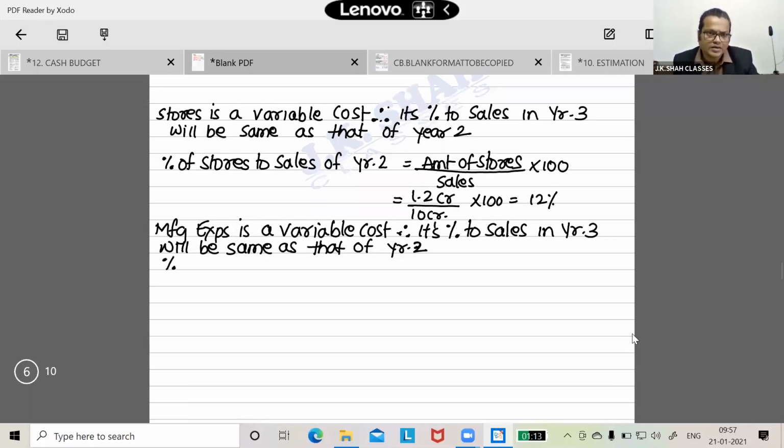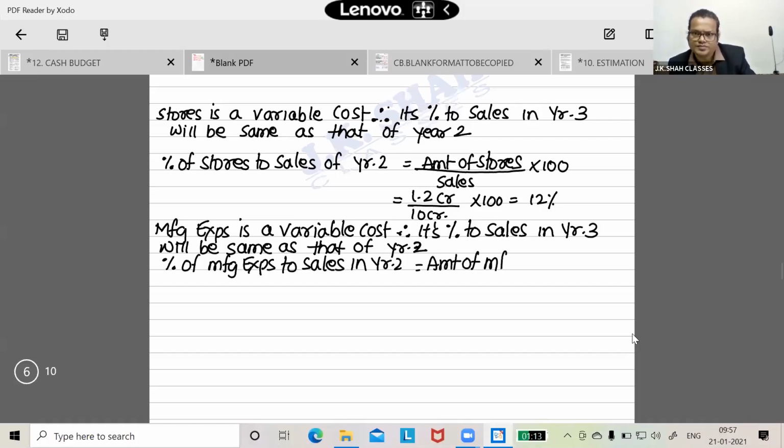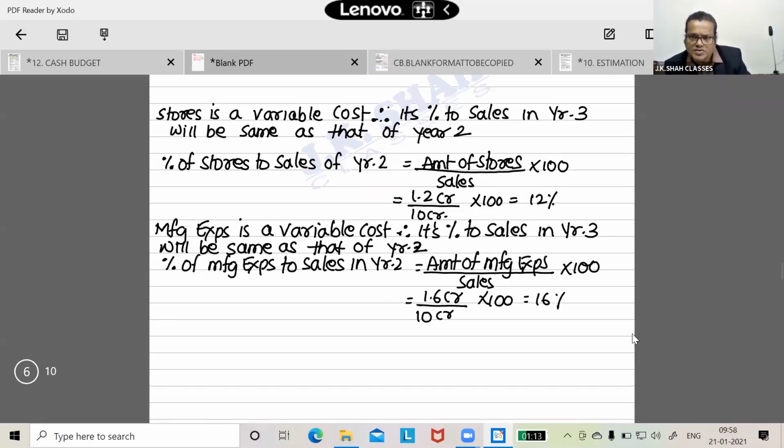So we will find percentage of manufacturing expenses to sales in year 2. Amount of manufacturing expenses upon sales into 100. For year 2, how much is our manufacturing expenditure? 1 crore 60 lakhs. So 1.6 CR upon 10 CR, that comes to 16%.